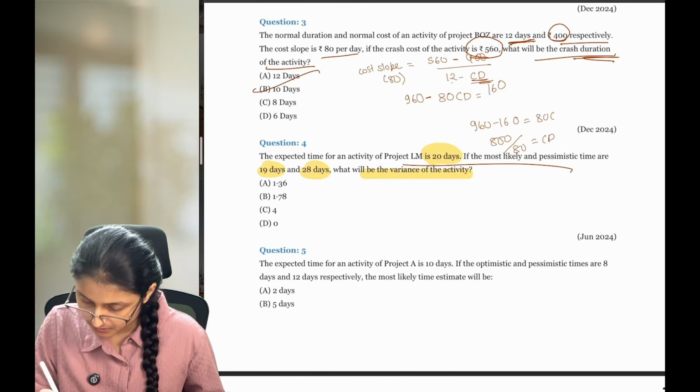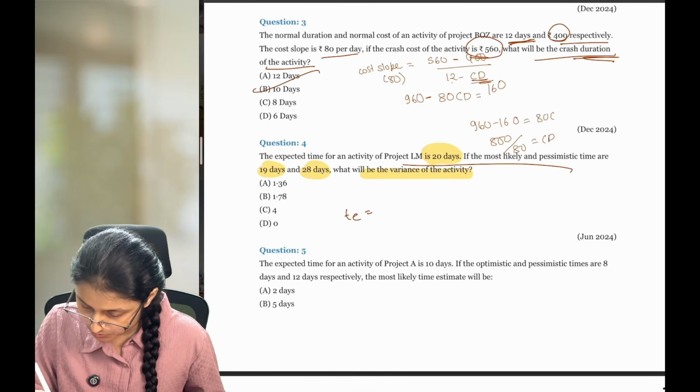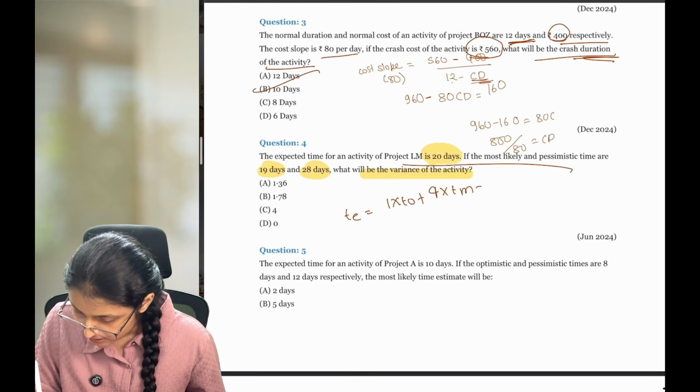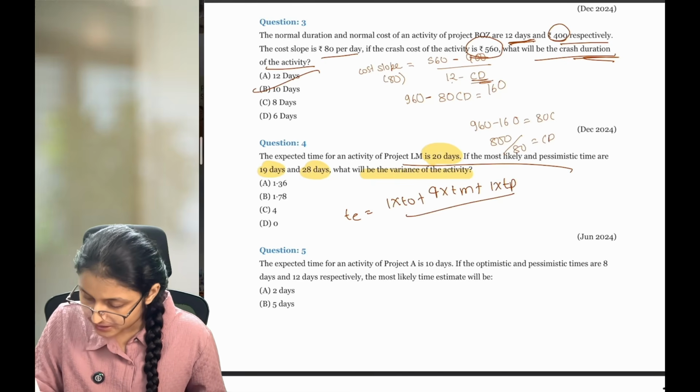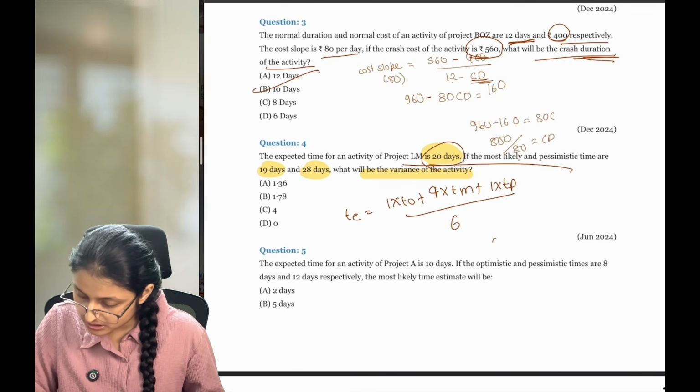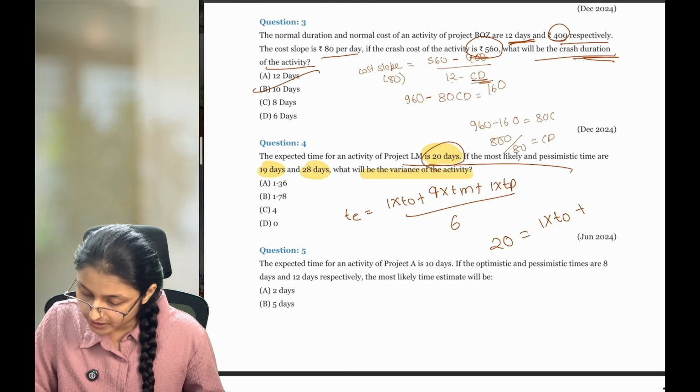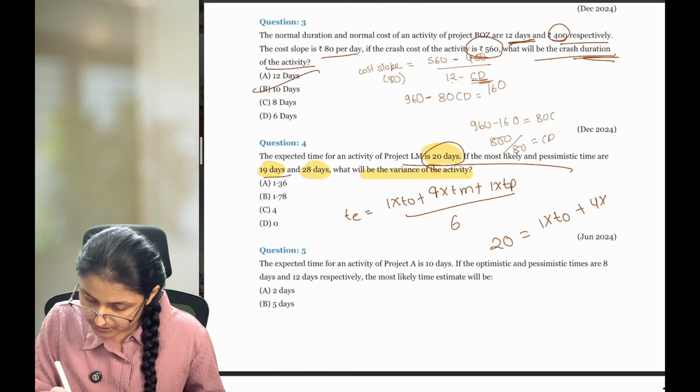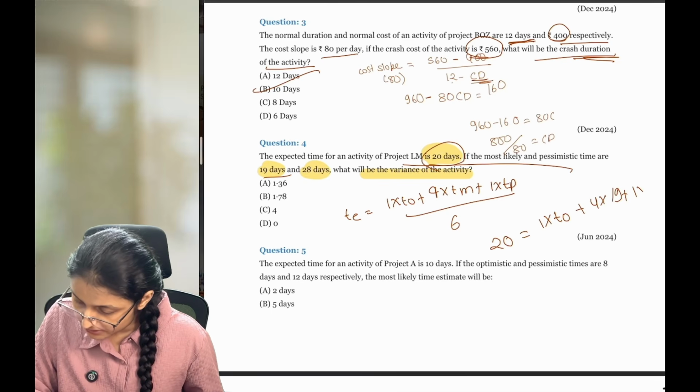Expected duration is equal to 1 into optimistic plus 4 into most likely plus 1 into pessimistic time divided by 6. Expected duration is given as 20. 1 into optimistic time I don't know. 4 into most likely time is 19 plus 1 into pessimistic time is 28, divided by 6.